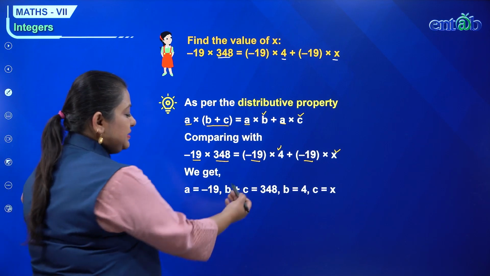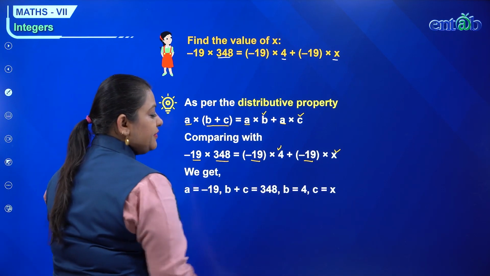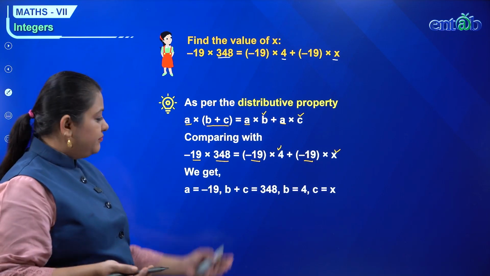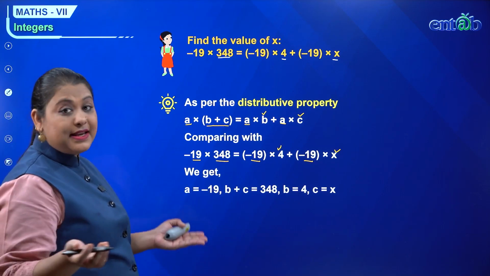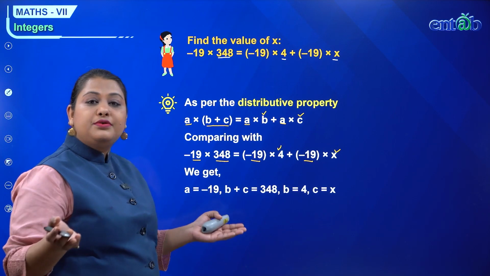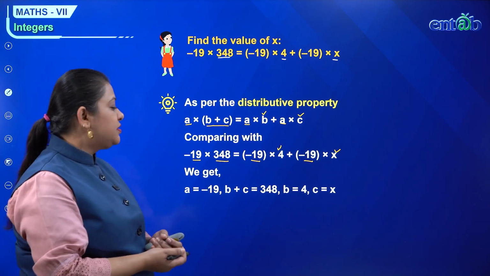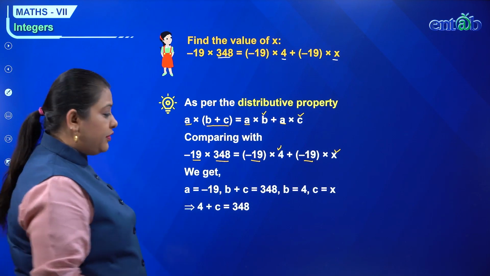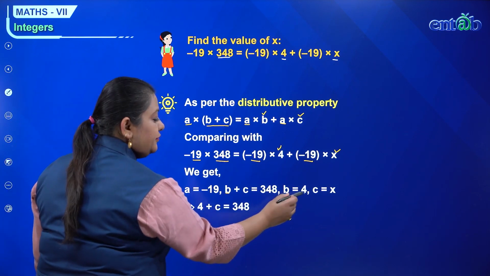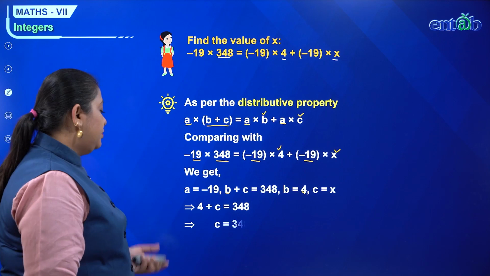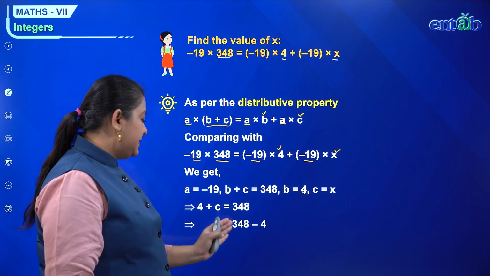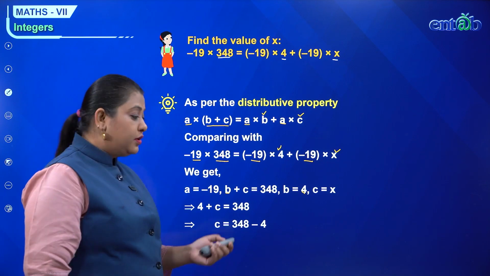Now b plus c is known to me. I have the value of b. Can I know the value of c, that is x? Can I find it out? Yes, we can use linear equations, or you can simply use hit and trial method also. So we have 4 plus c is equal to 348 as the value of b is 4, right? So moving 4 to the right hand side of the equation, c is equal to 348 minus 4.